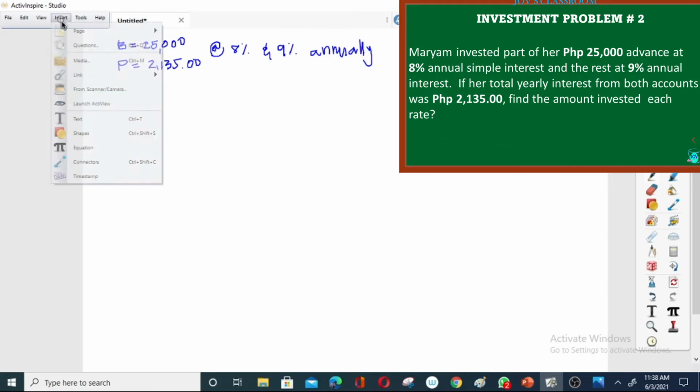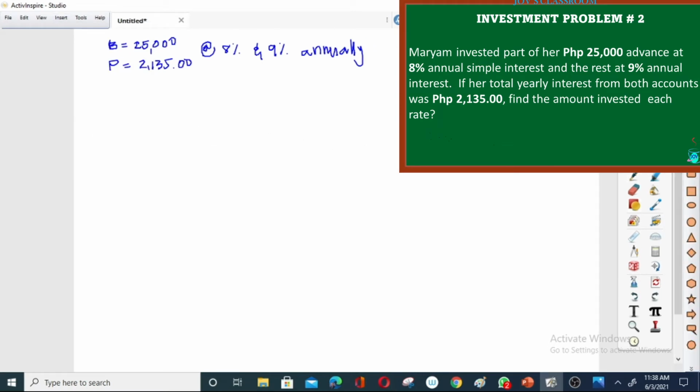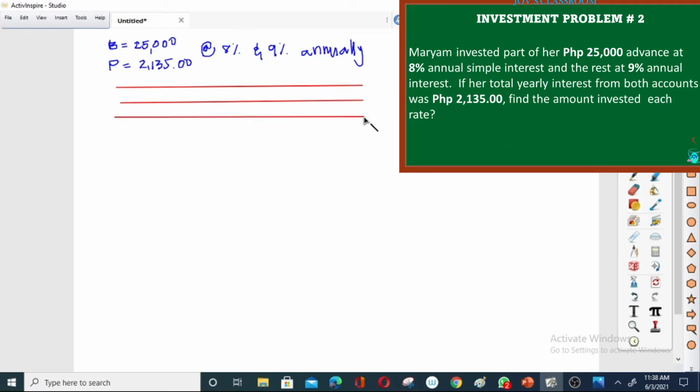So again, let us make a table. Two interest rates.